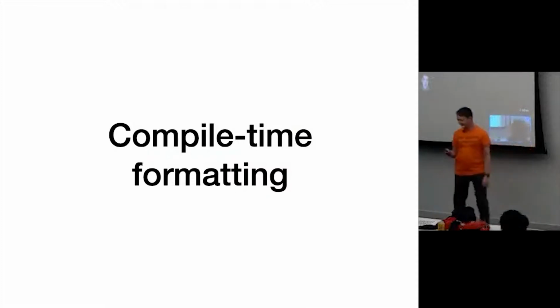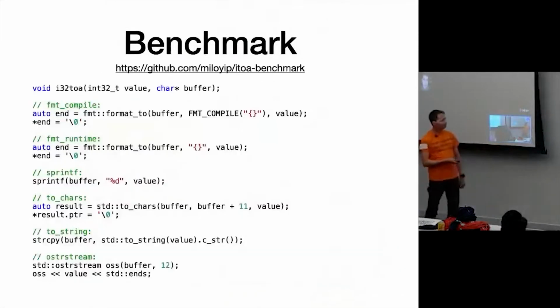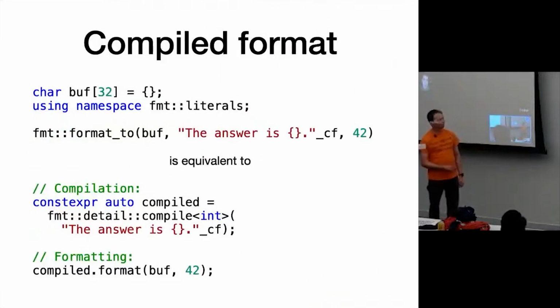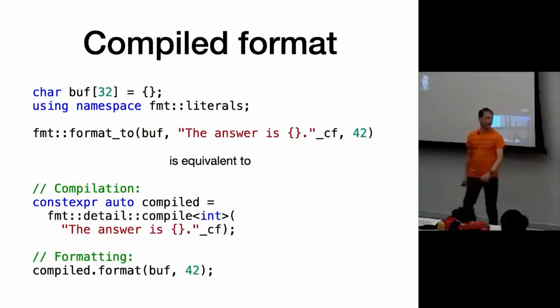What's the code size impact? Is it because, with the runtime, I just have the format string literal somewhere in the code to say how to format things, whereas this results in a bunch of generated code?